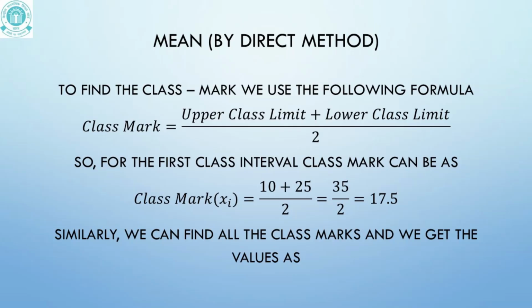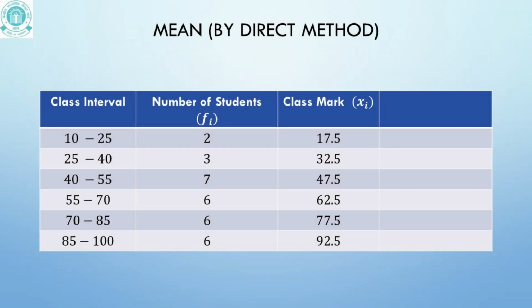Similarly, we can find all the class marks and we get the values as shown. After finding the class marks, the next step is to find the product of fi's, that is frequencies, and the corresponding xi's, that is class marks, and we can get the values as shown in the table.